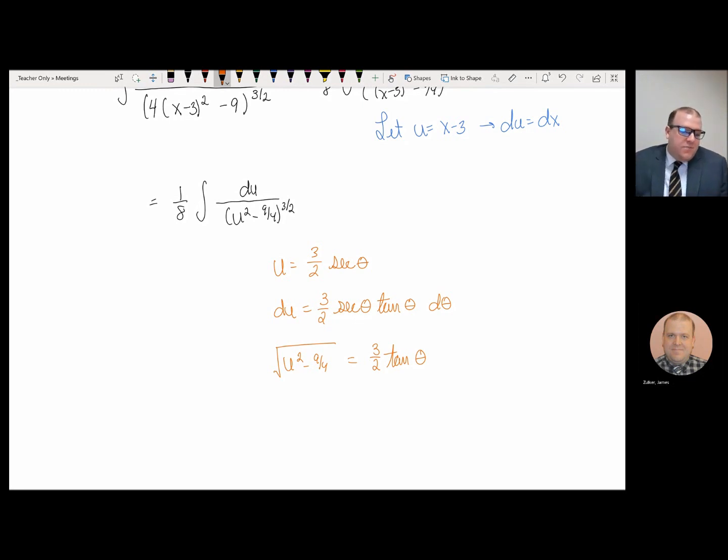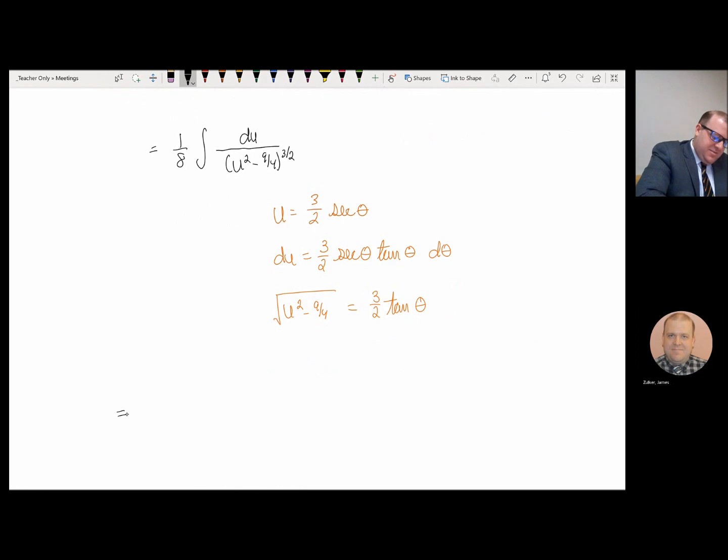And again, if you just plug in 3/2 secant for u and simplify it, you'll get 3/2 tangent of theta. I'm just going to point out that we still have not done calculus. Plugging everything in. Right, du is 3/2 secant theta tangent theta d theta.